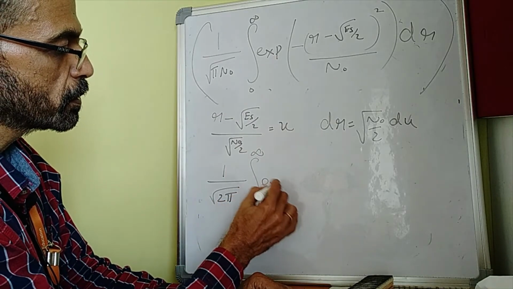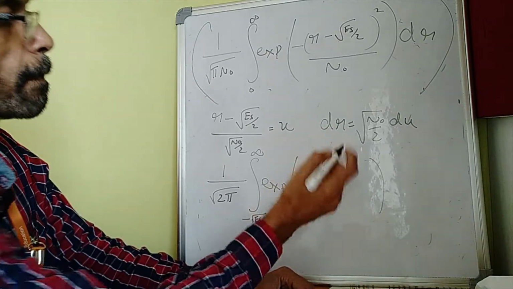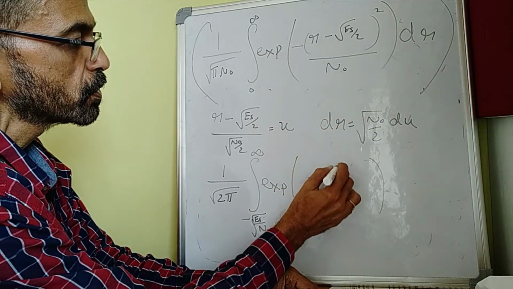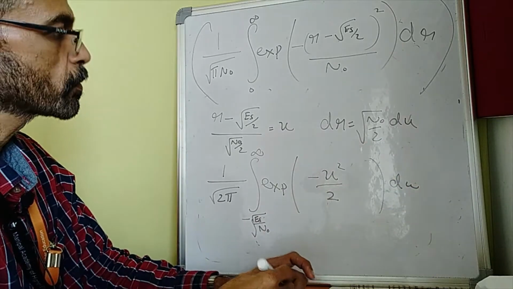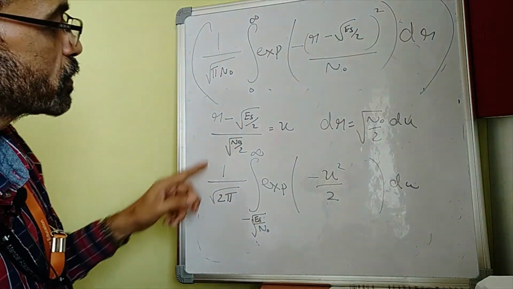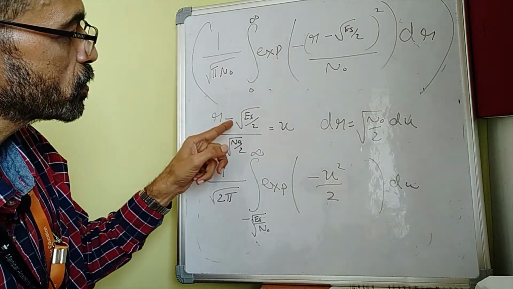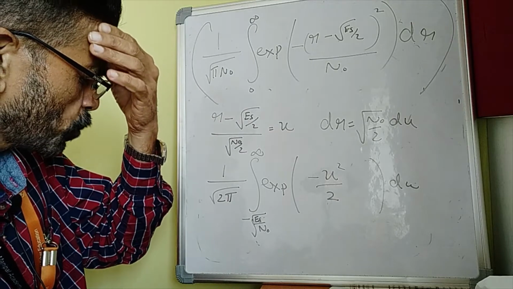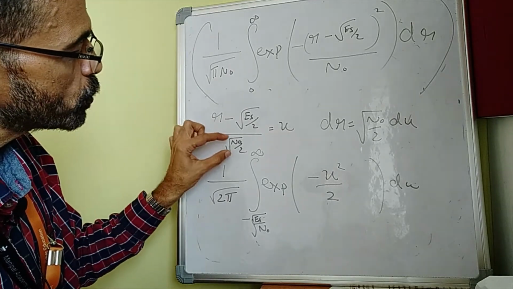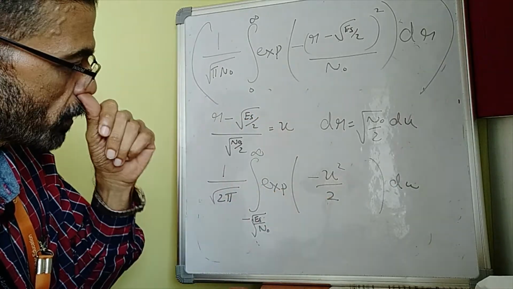And e power minus u square by 2 du. You can see that when you square this, you get r minus root Es by 2 whole square divided by N naught by 2. That 1 by 2, you come here, you get u by 2. So rather u square by 2, and hence you have it like this.